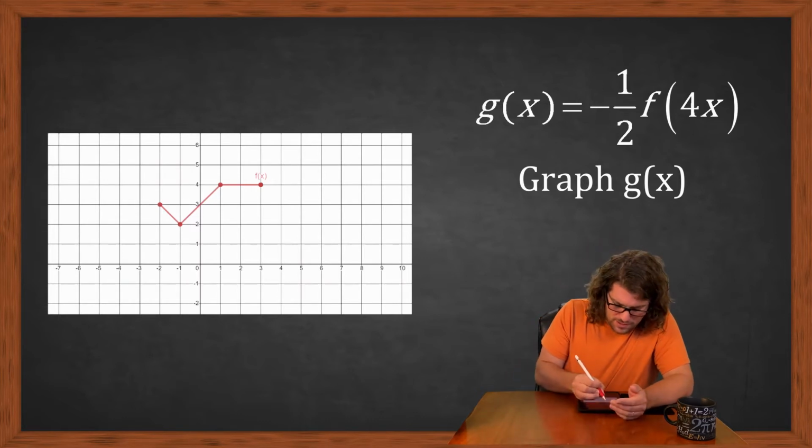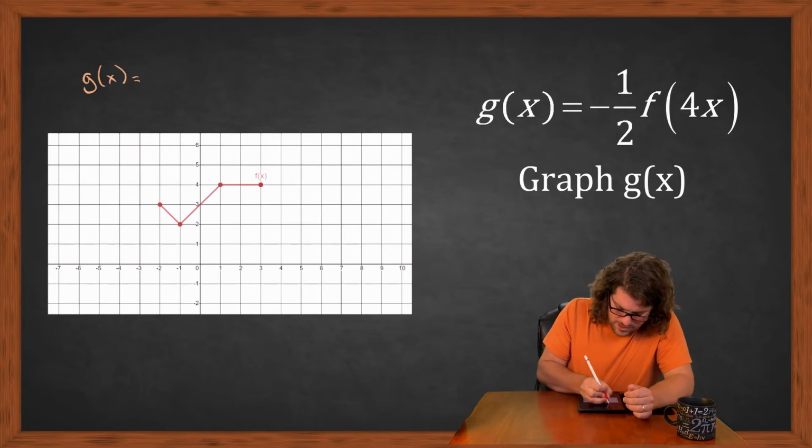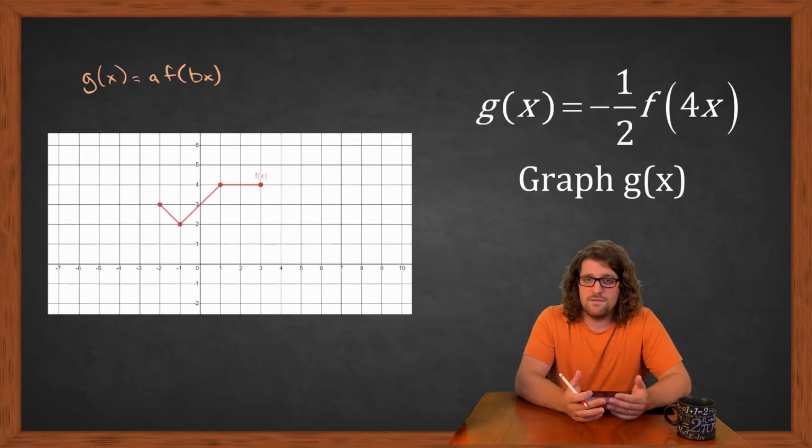So first off, let's start by drawing attention to what the general algebraic form looks like for these transformations. That's a times f of bx, so we have the a parameter and the b parameter. As we've said before, if you've seen some of the other videos, the a parameter takes care of the vertical stretch and reflections.